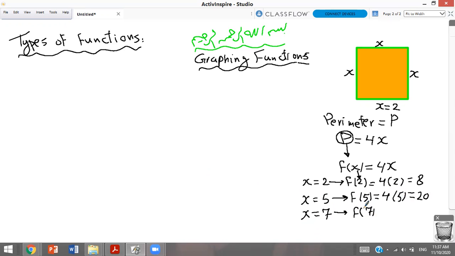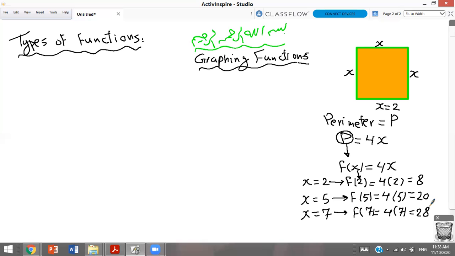That means the perimeter of the square having sides equal to 7. Then it will be 4 times 7. What is the result? 28. Then here we see, if we change x, what happens to the function? It will change. That means 2 variables. x changed, then y or f of x can change.